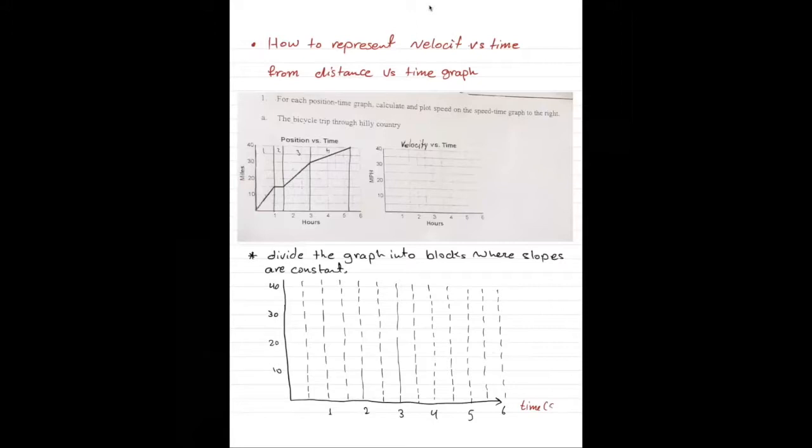And that will be in seconds. Actually, no. We can notice from here, it's in hours. And the y-axis, it's velocity, and we will be measuring it in miles per hour.